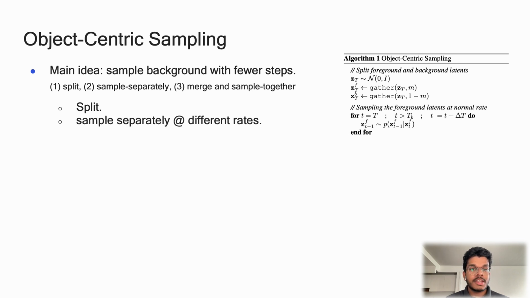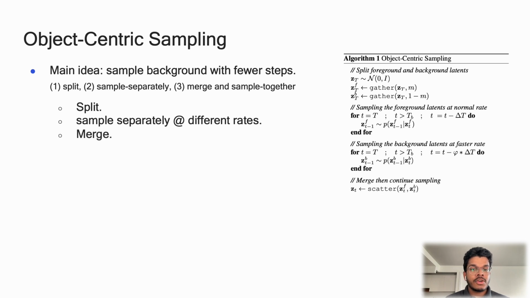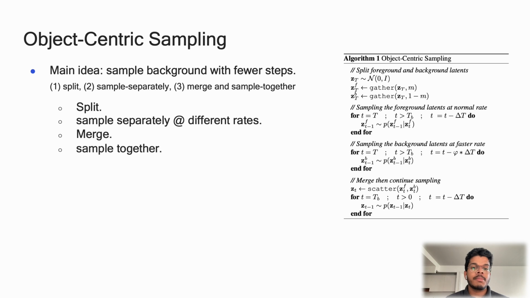If so, we split foreground and background and we sample the foreground with the usual sampling duration given by delta t, whereas we sample the background with a higher sampling duration given by psi times delta t. At some point in denoising, we fuse these representations, and for the rest of the steps, we sample them together. By doing so, we avoid any boundary artifacts and any distribution mismatch.